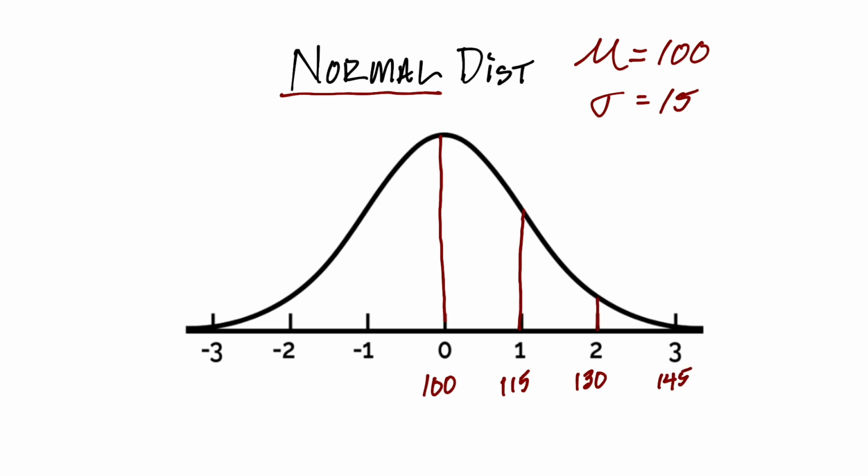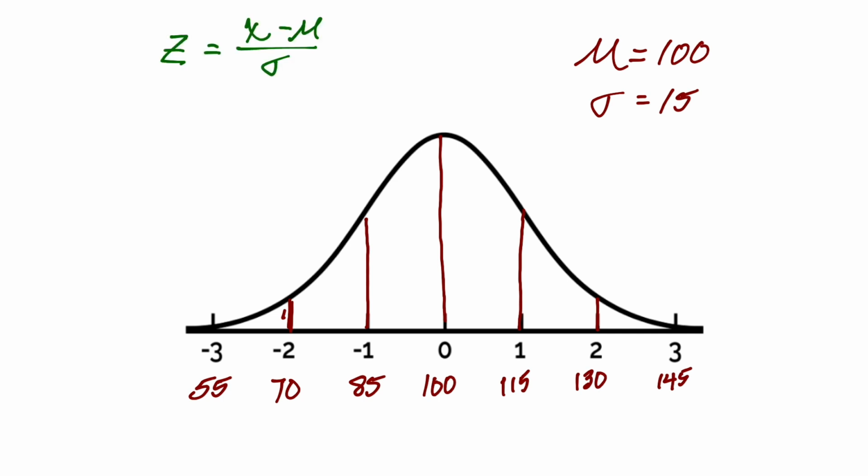So let's go below the mean. One standard deviation below the mean would correspond with an IQ of 85. Two standard deviations below the mean, we'd be looking at an IQ of 70, and 3 standard deviations below the mean, I guess that would give me a 55.